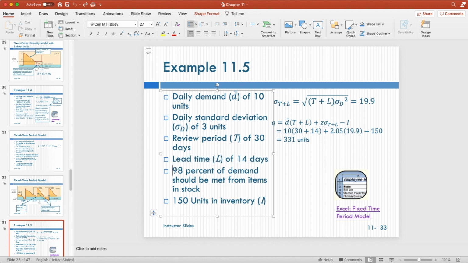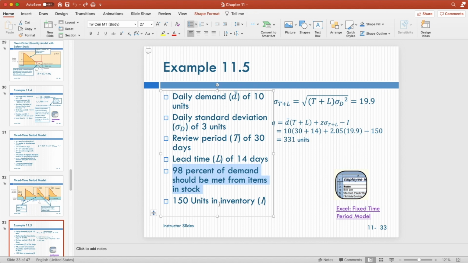Suppose we want to make sure that we have a 98% chance that the market demand will be met from stock. So basically the stockout chance is only 2%.